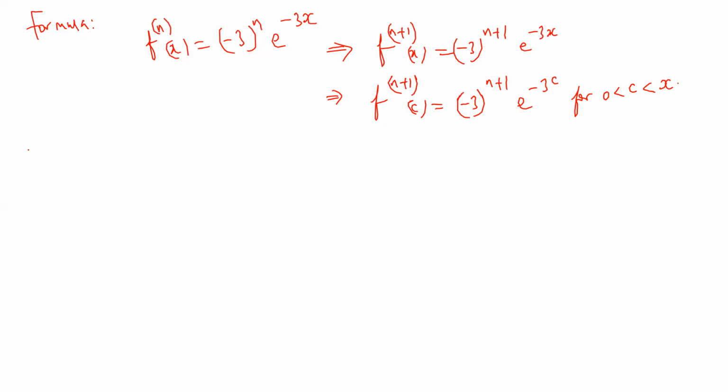Thus the absolute value of this R_n of x, the remainder term, is the same as the (n+1)th derivative at c, and then here it will have n plus 1.